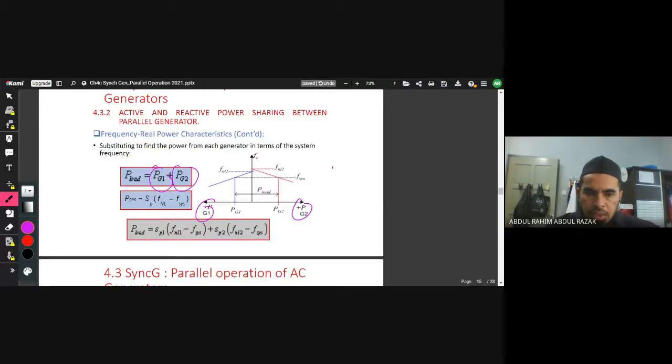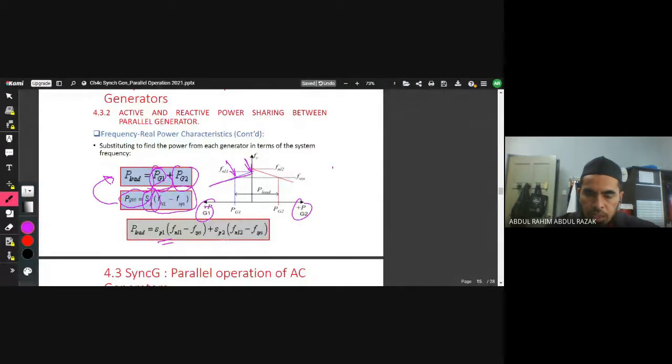But PG itself is equal to the slope times the frequency at no load minus the frequency of the system. So when you put this number 2 back into number 1, P load is equal to the slope of generator 1 times the frequency at no load minus the frequency of the system. Frequency here minus frequency here.